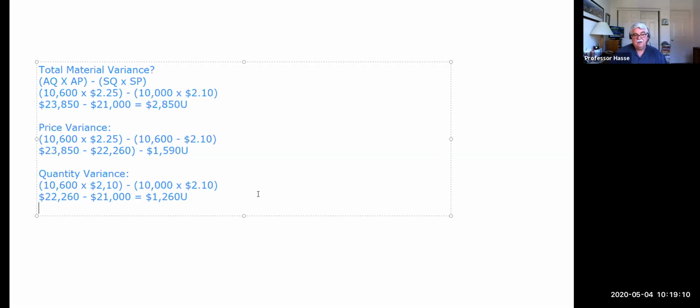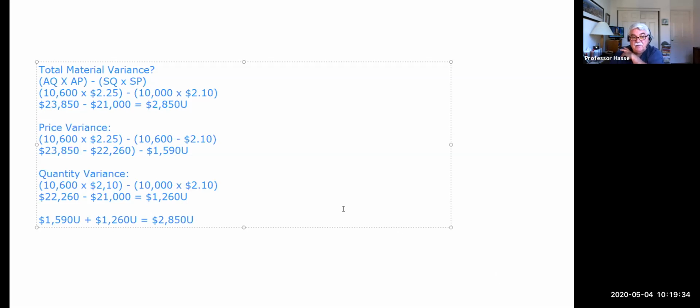And here's how you know you did this right. The price variance of $1,590 unfavorable plus the quantity variance of $1,260 unfavorable must equal the total variance of $2,850 unfavorable.